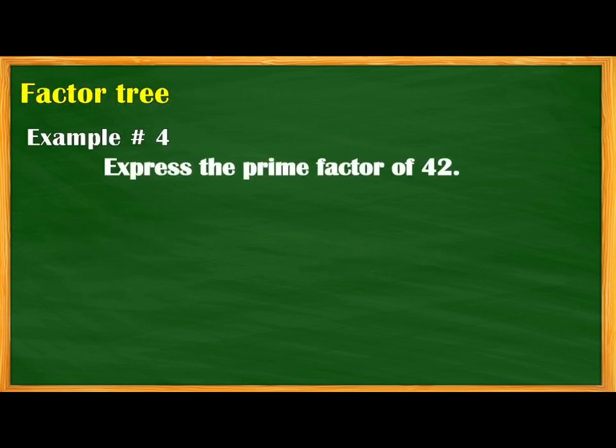Okay, so how about 42? We have, using the factor tree, 42. Think of a factor of 42. The first one is a prime number, and the second one is either a prime or a composite. So 2. 42 divided by 2, the answer is 21. 21 is a composite number. And then again, use the factor tree.